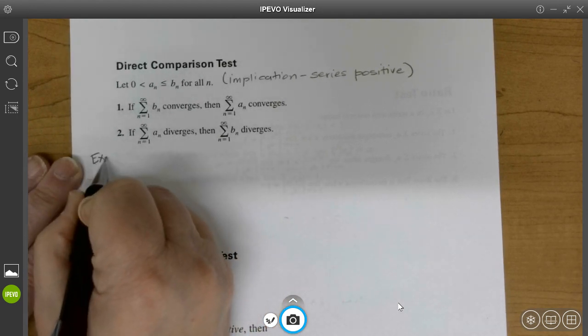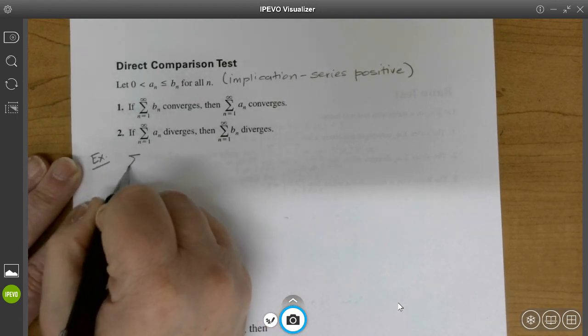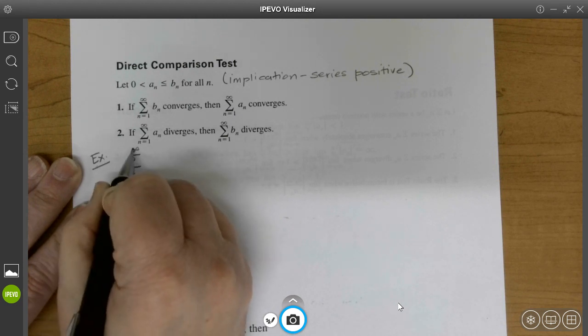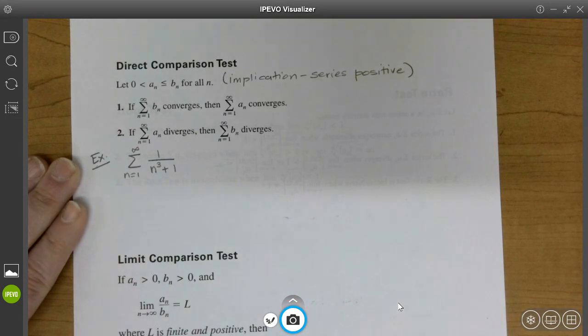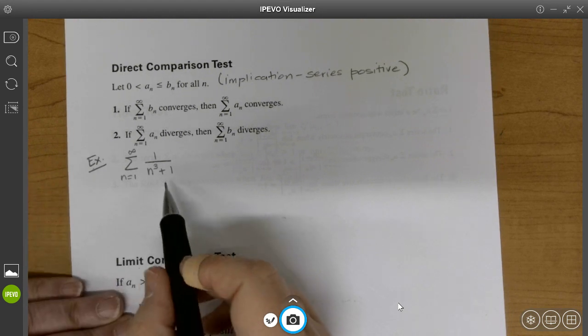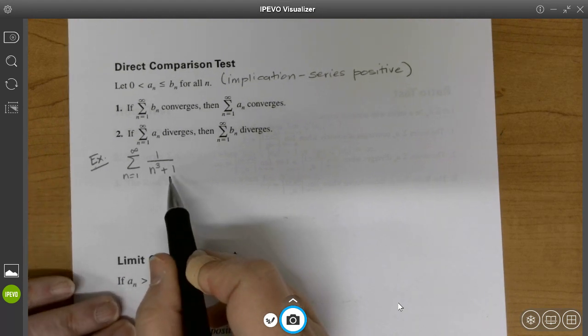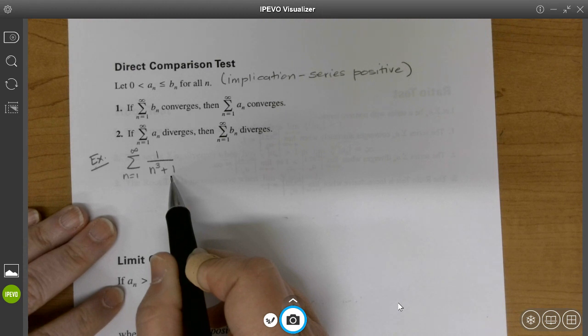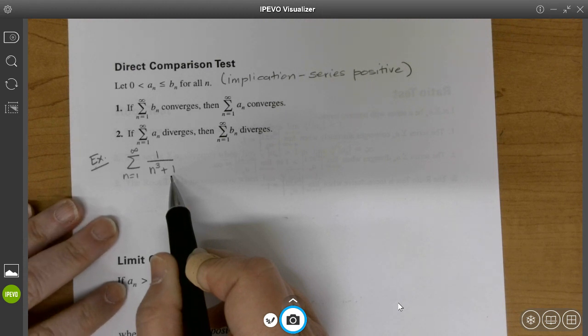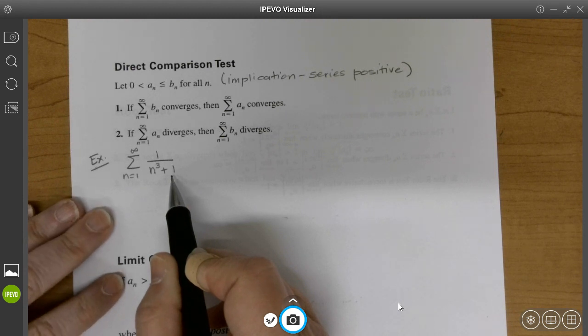Here's an example. Let's say we have the sum from n equal 1 to infinity of 1 over n cubed plus 1. I like to call this test the "oh, I wish something was different." And in this case, "oh, I wish that 1 happened to be gone." Because if it was gone, I'd have 1 over n cubed, which I know is a p-series and converges, right?